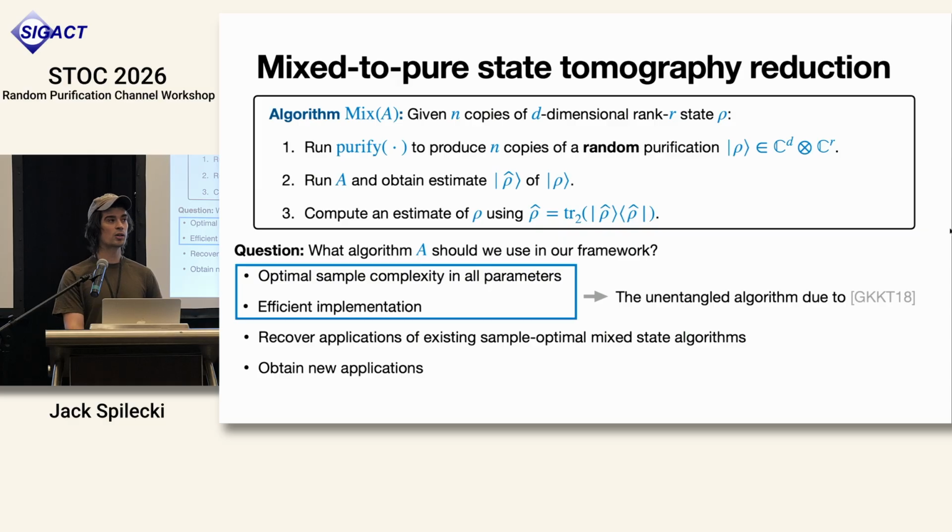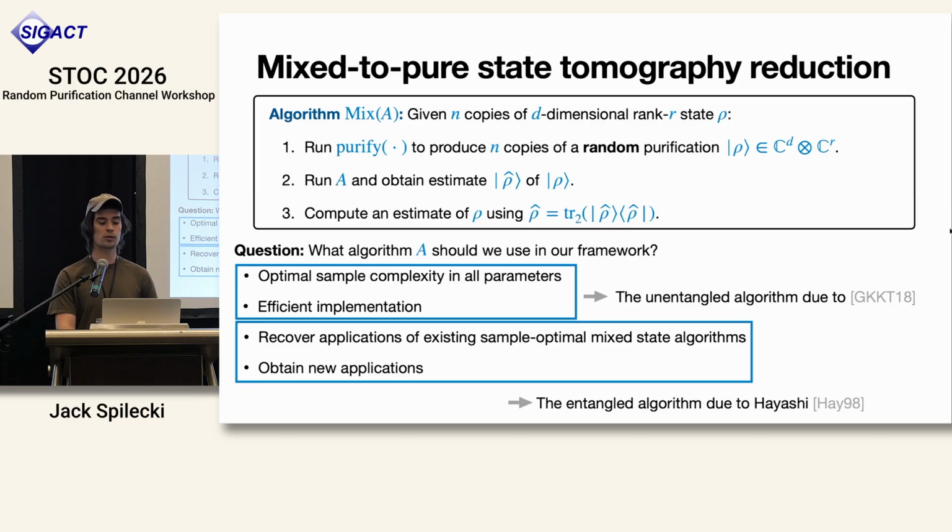But it's actually not going to be powerful enough to do everything we want. So for the remaining goals, I'm going to use a different algorithm due to Hayashi, which uses entangled measurements. It's a stronger algorithm, and we'll be able to use this to do more.